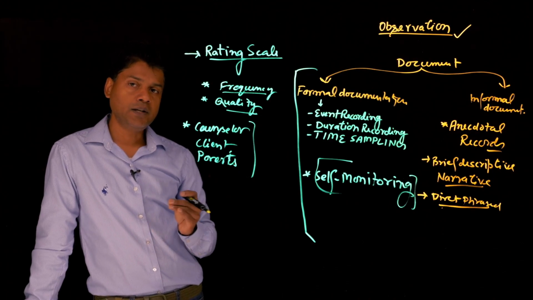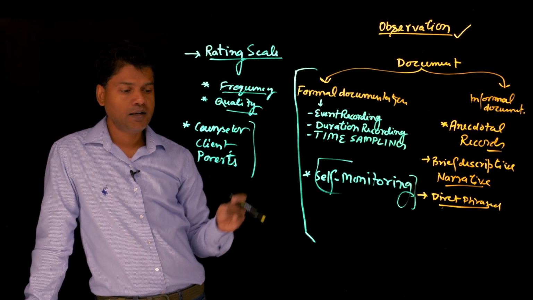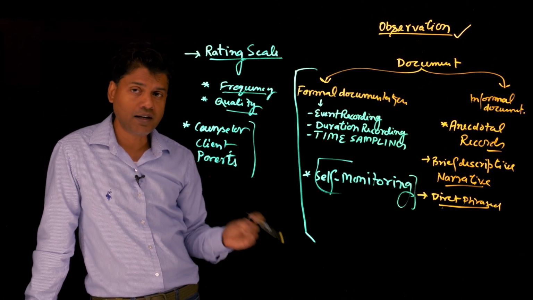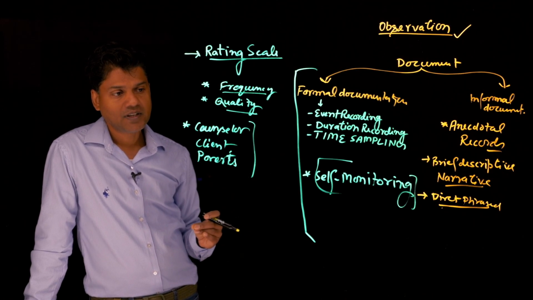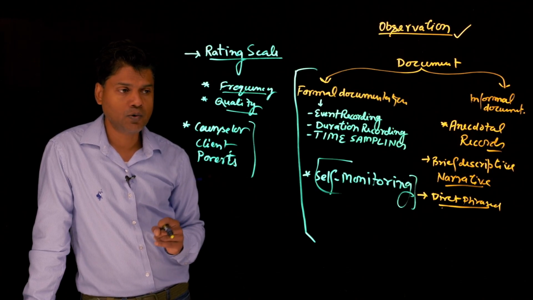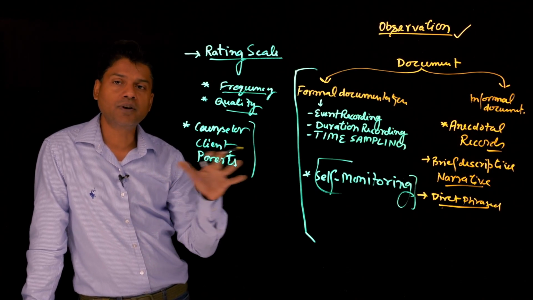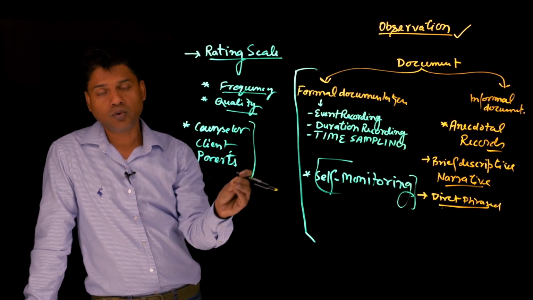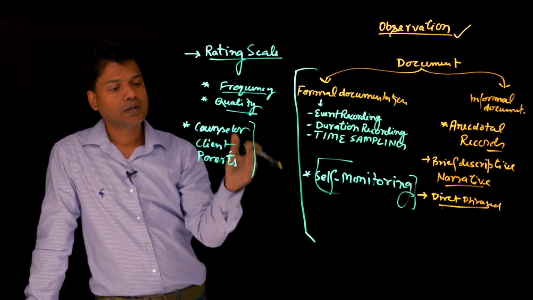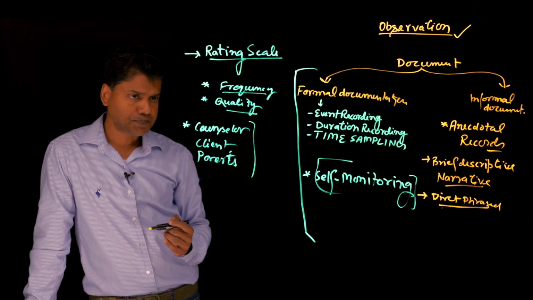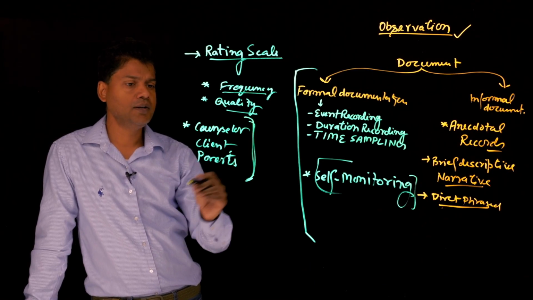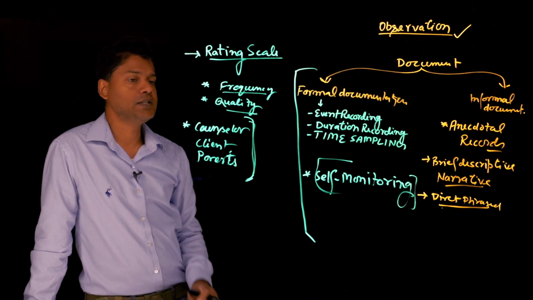Some scales are developed to be filled by, let's say, parents. Some scales are developed to be filled by the child or adolescent. And some scales have a universal nature where the same scale can be filled by multiple stakeholders. It could be counselor, client, caregivers. So these are the people who fill a rating scale.